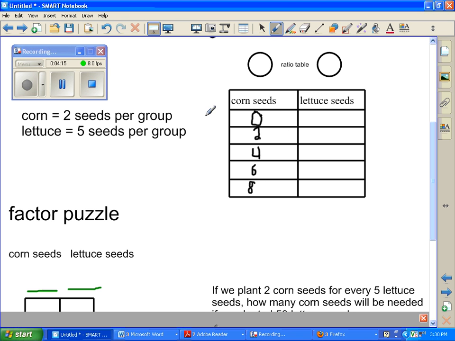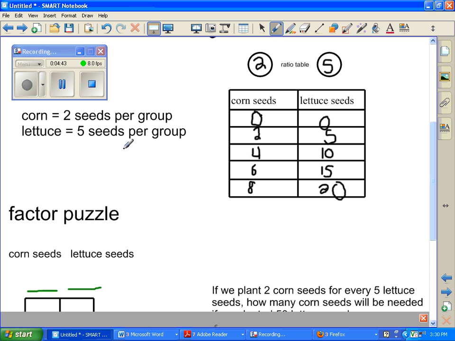All right, now put the number here, 2. Now lettuce, remember 0, and we're talking about 5s. 5, 10, 15, 20. So then our number here would be 5.